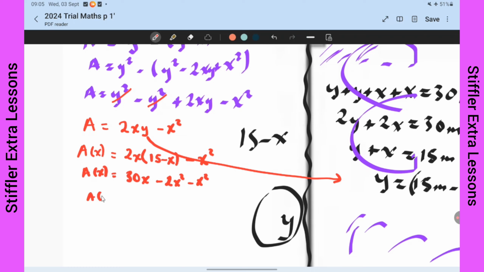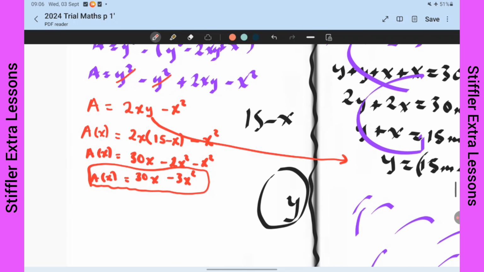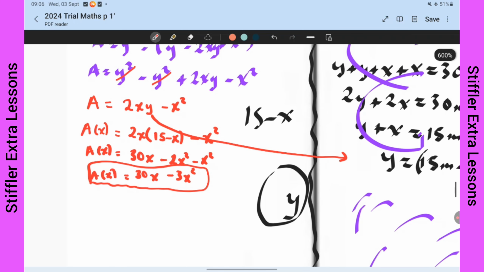So our area now in terms of X becomes 30X minus 3X squared. So now we have our area in terms of X. But the question says calculate the value of X and Y for which we have a maximum area.